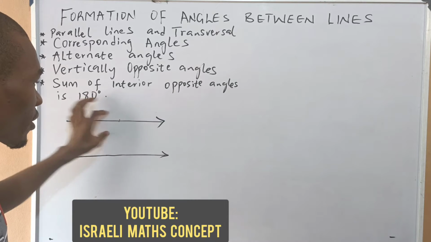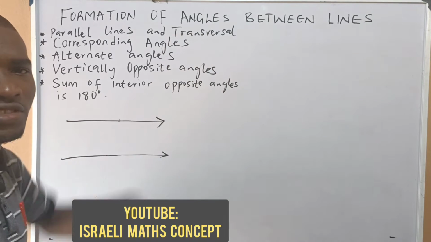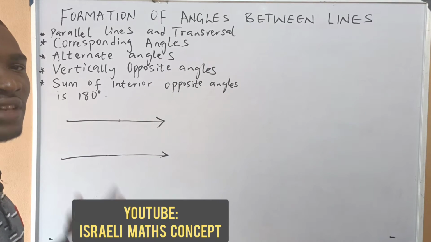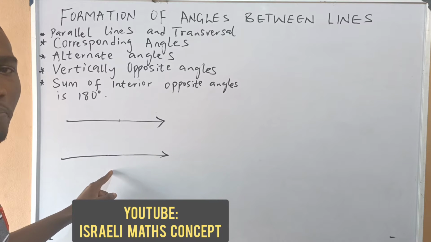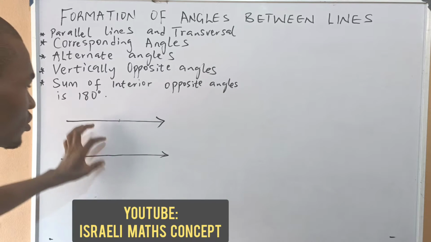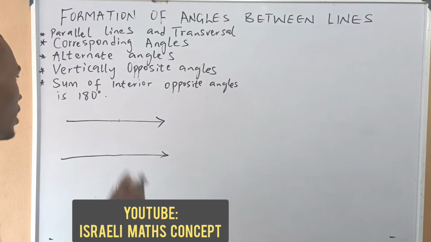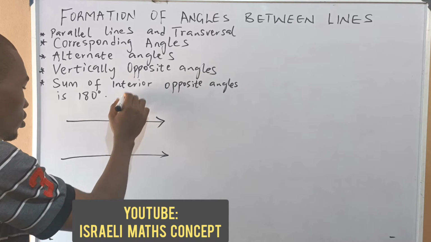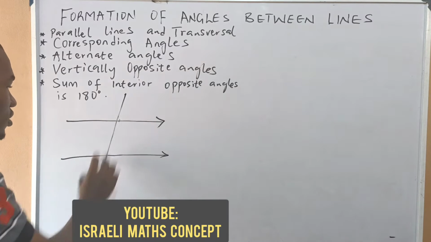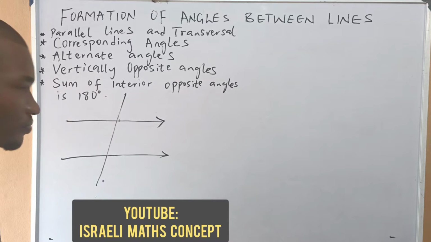Having known what a parallel line is all about, we want to go into transversal. What is a transversal? A transversal line is a line that cuts a pair of parallel lines. Looking at these two parallel lines, they are a pair. If we have a line moving from this point to another point such that it cuts these two parallel lines, we call this line a transversal.